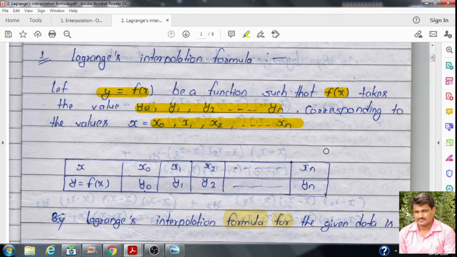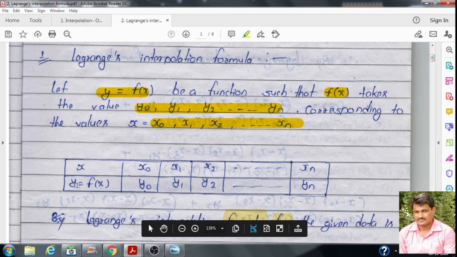Means we consider y is equal to f of x is a function which takes the values y0, y1 and so on yn corresponding to the values of x, x0, x1, x2 and so on xn. In short, we have given the function satisfying this data, values of x and values of y.